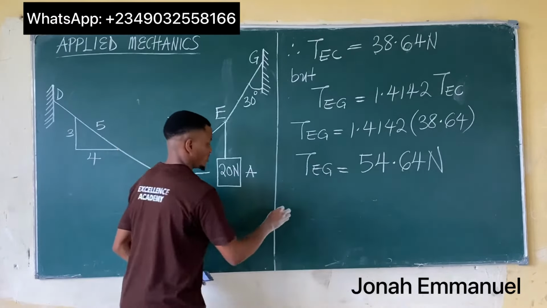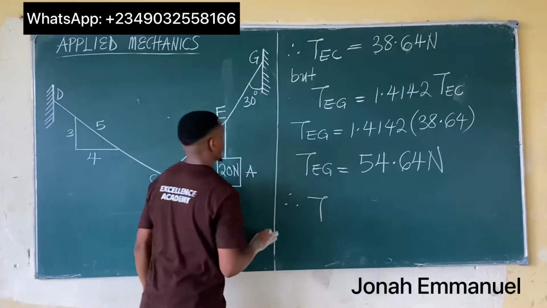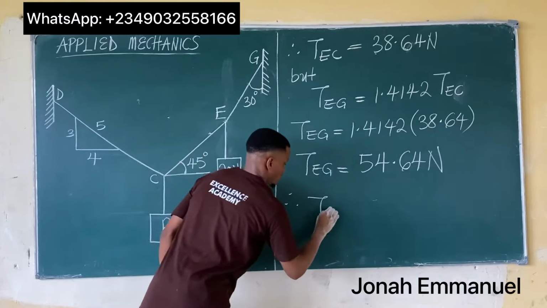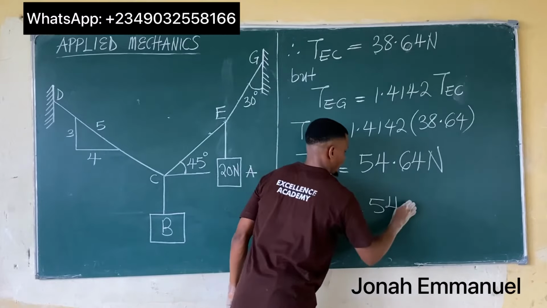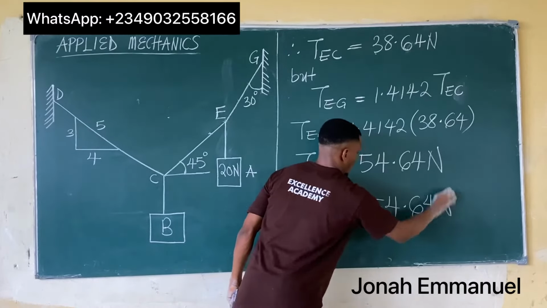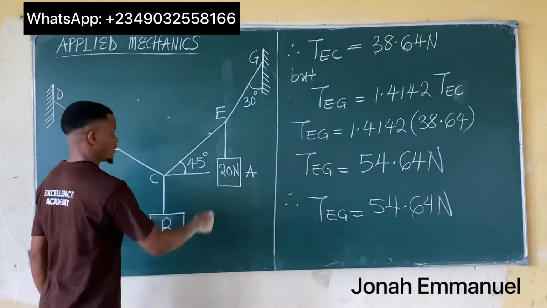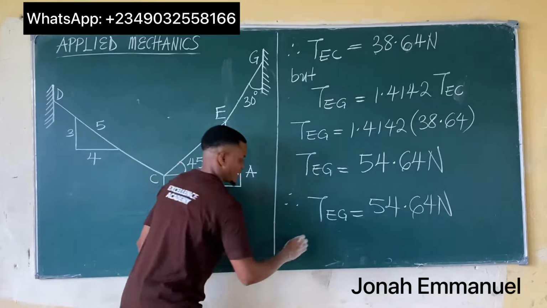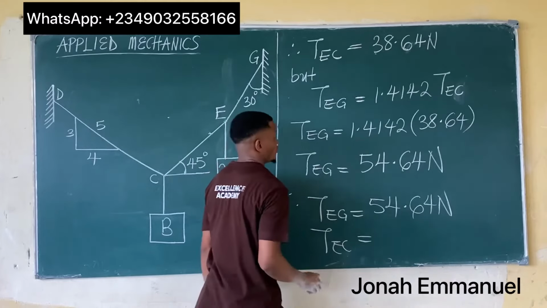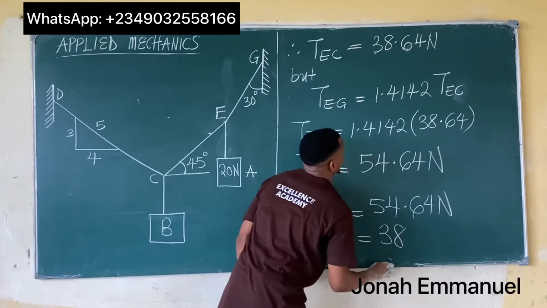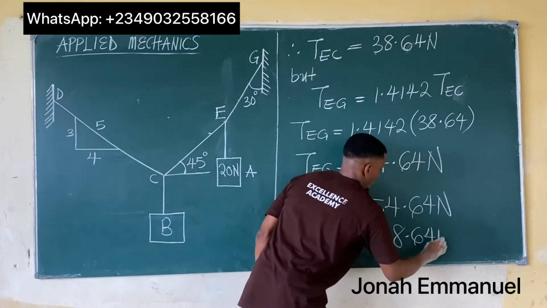Alright, so far we've gotten two values. We've got the tension from E to G, TEG, that's about 54.64 Newton. We've also gotten the tension from E to C, that's TEC, 38.64 Newton.